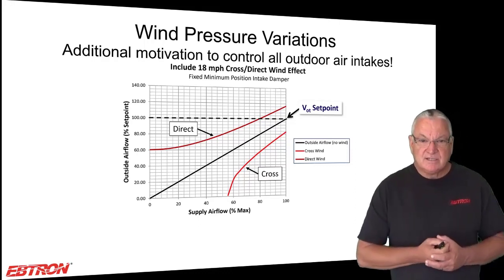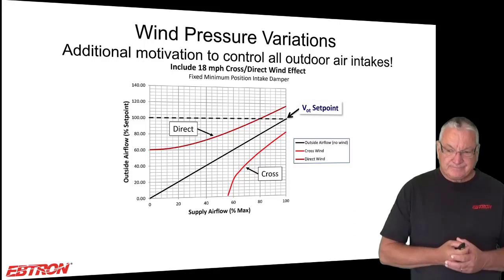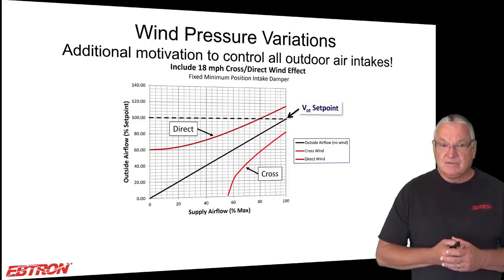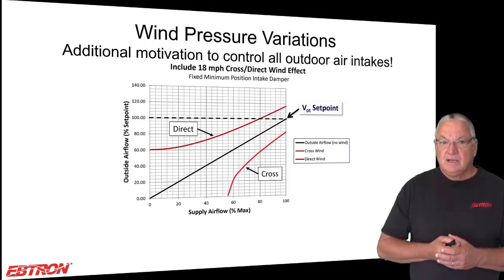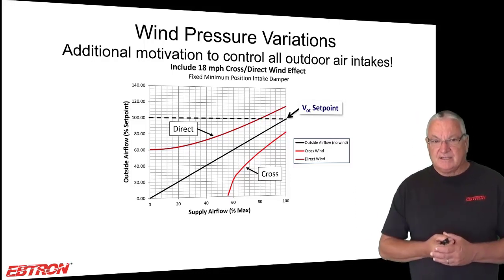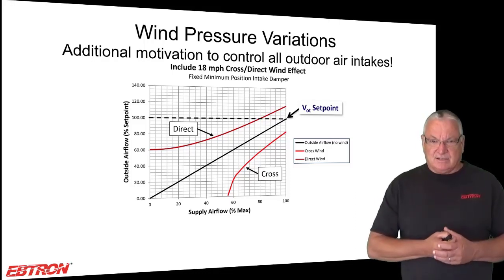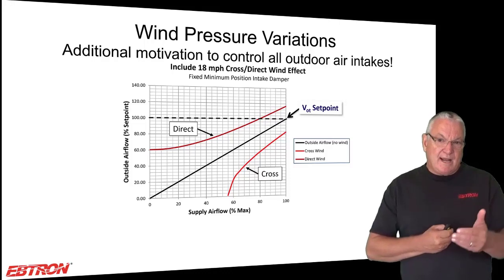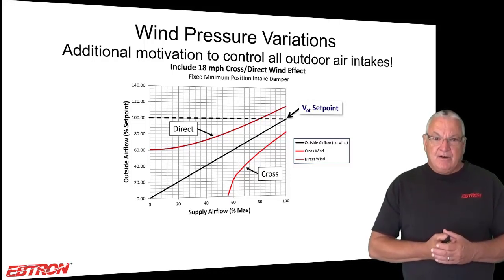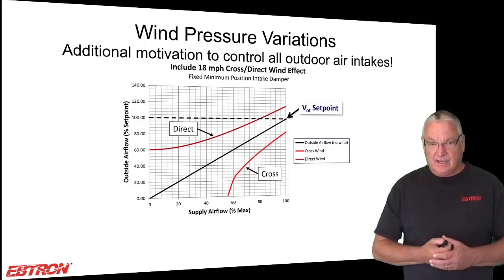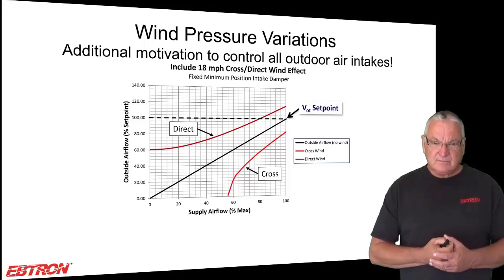If you take a look at this graph, the 40% variation is at 100% supply airflow, on the very right-hand side of this graph. The set point is that black dashed line. Now you superimpose direct wind and crosswind and change fan speed, and you can be anywhere between those two red curves, and that's a serious problem.